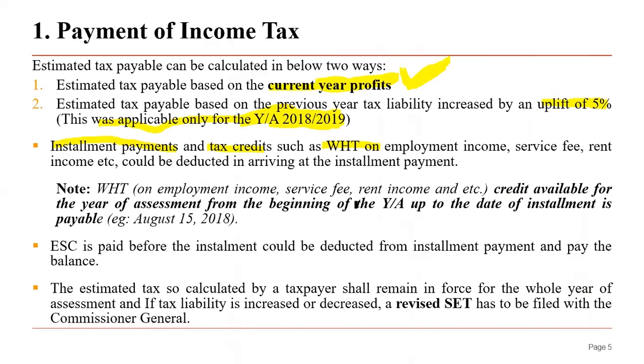The credit for employment is not coming if you are doing it from the company perspective, right? The credit is available for the year of assessment, up to the date the installment is payable. So whatever amount is available based on the detail.